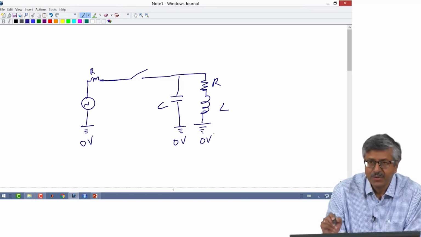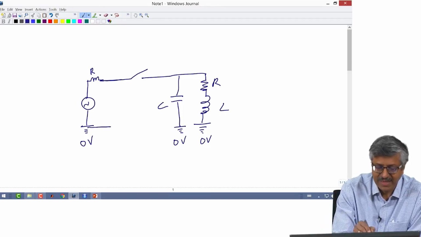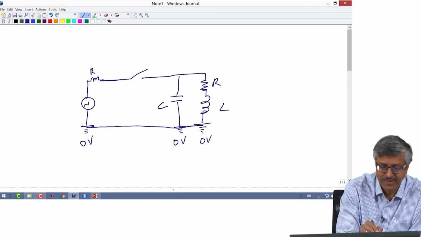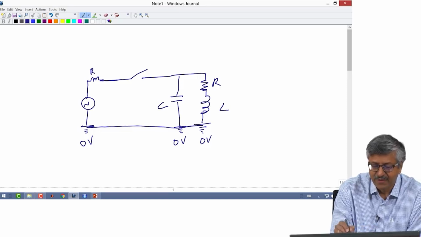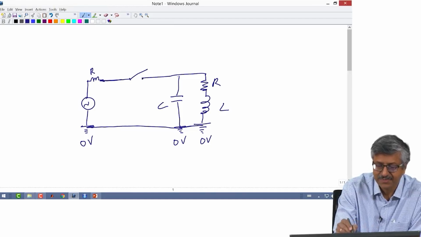But when you do this in practice, you have some sort of a track connecting all these grounds together, and that is made of a conductor. Similarly, all these components are connected together by conductors.